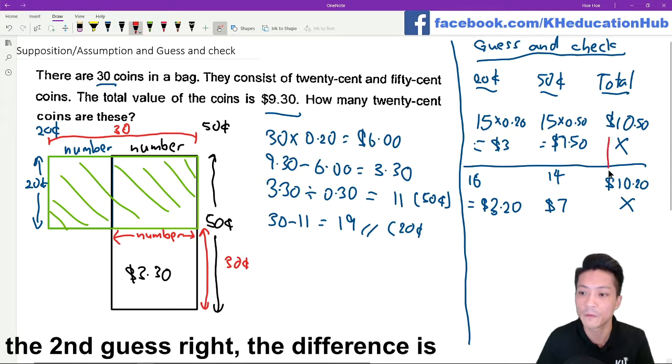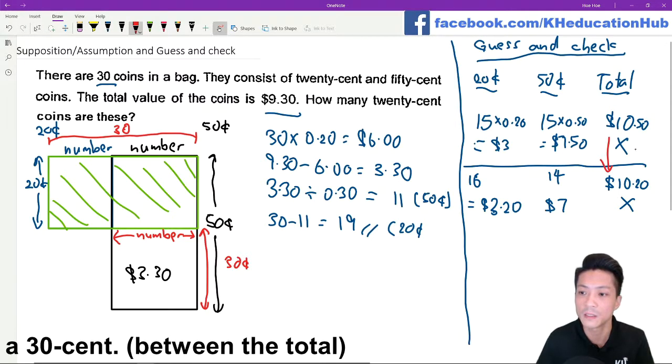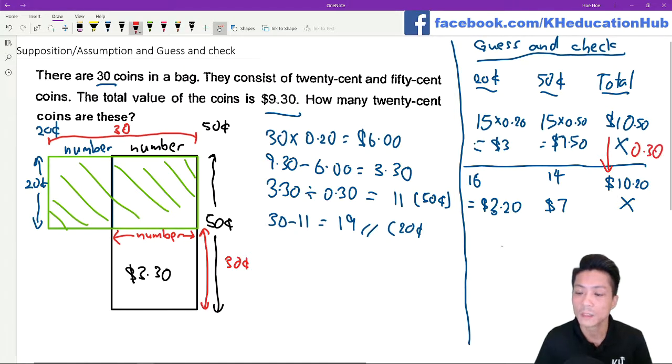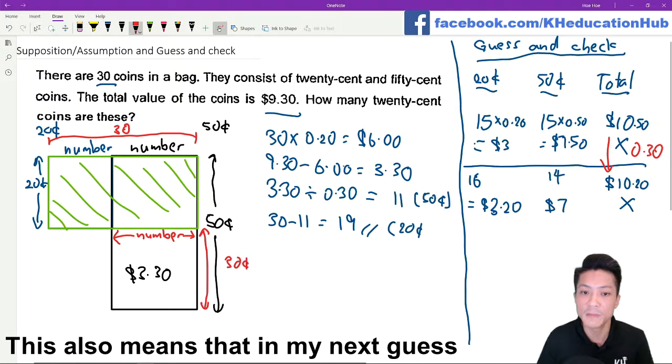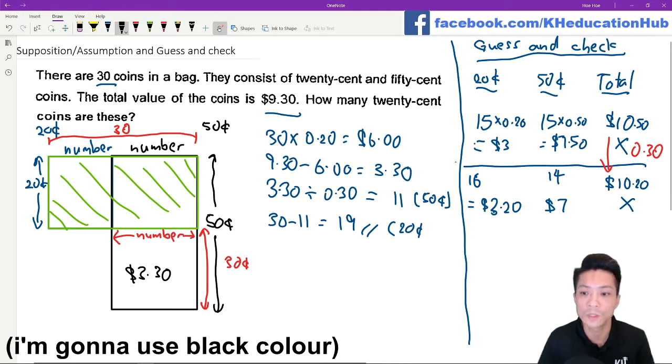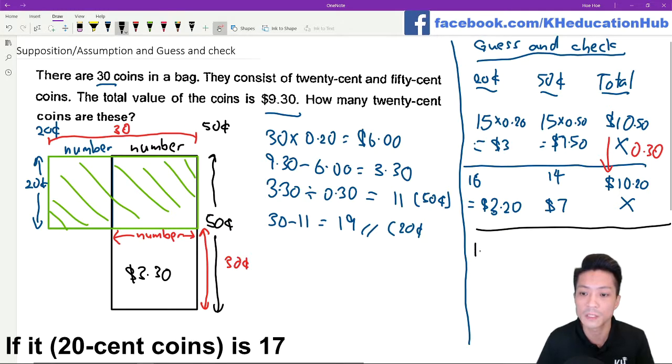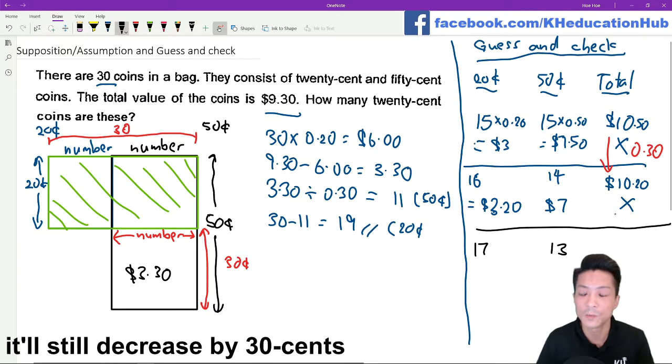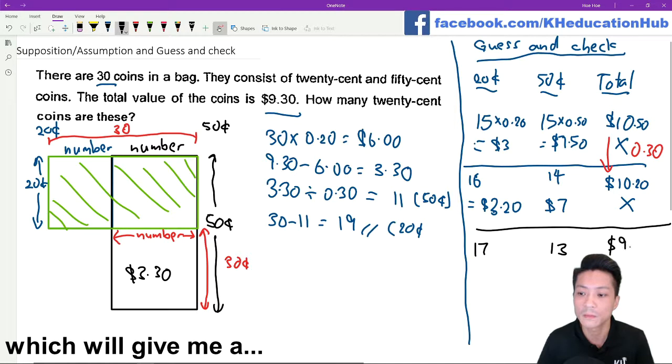The difference is 30 cent. This also means that in my next guess, if it is 17 and 13, it will still decrease by 30 cent, which will give me $9.90.